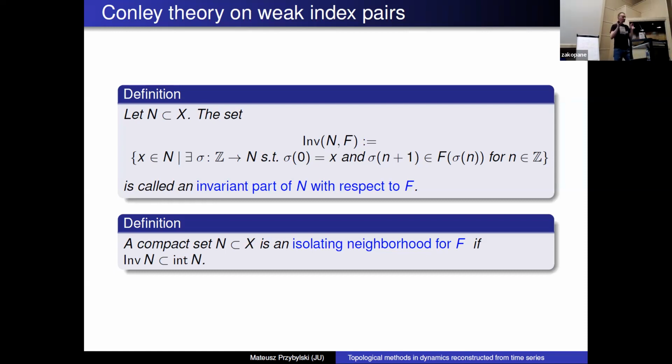Invariant part, as Marian said yesterday, if you think about the multi-valued map as a directed graph, then if there is a bi-infinite path in this graph, it means that all the points from that path are in the invariant part of the subset.